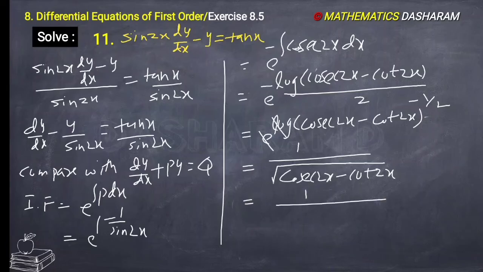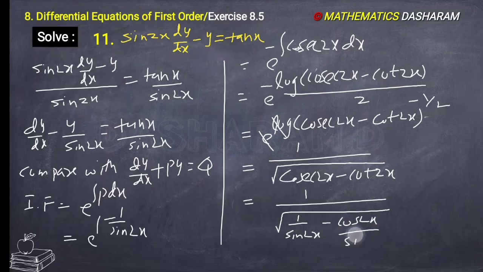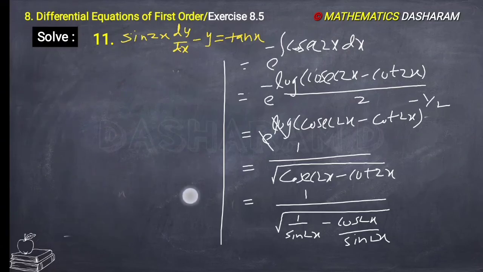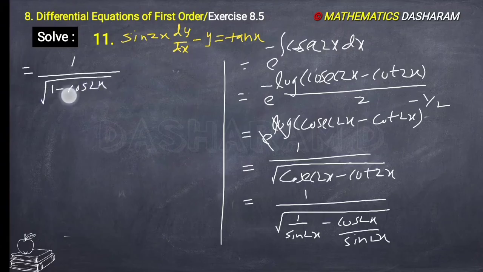So 1 by under root (cosec 2x minus cot 2x) means 1 by under root (1 by sin 2x minus cos 2x divided by sin 2x). So it equals 1 by under root ((1 minus cos 2x) divided by sin 2x).